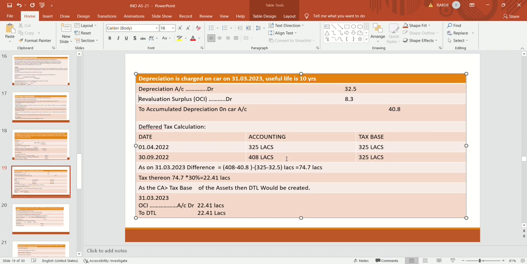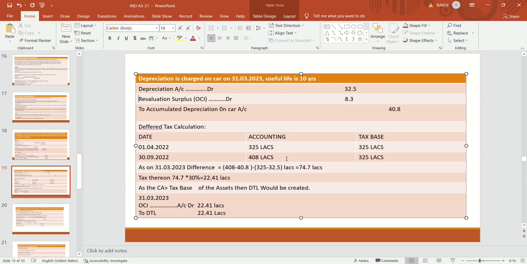the difference is the depreciation we will charge on that asset, that is 408 minus 40.8, and we consider the useful life for the tax base is also 10 years. So we will also charge depreciation as per the Income Tax Act, that is 32.5, and the differential amount is where the tax rate is applied.